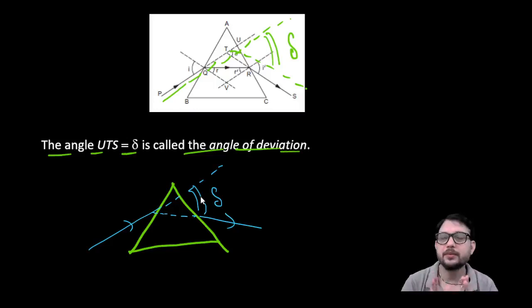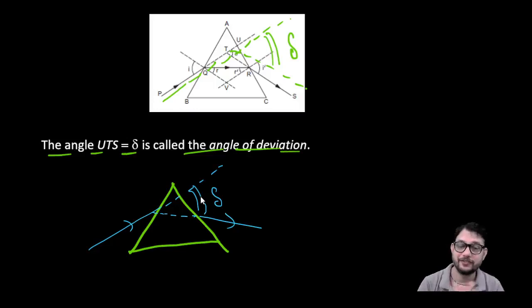A glass prism refracts any ray in such a manner that the ray will be deviated by a certain angle. This is also useful for the formation of the spectrum, because we will discuss later how the rainbow is formed.